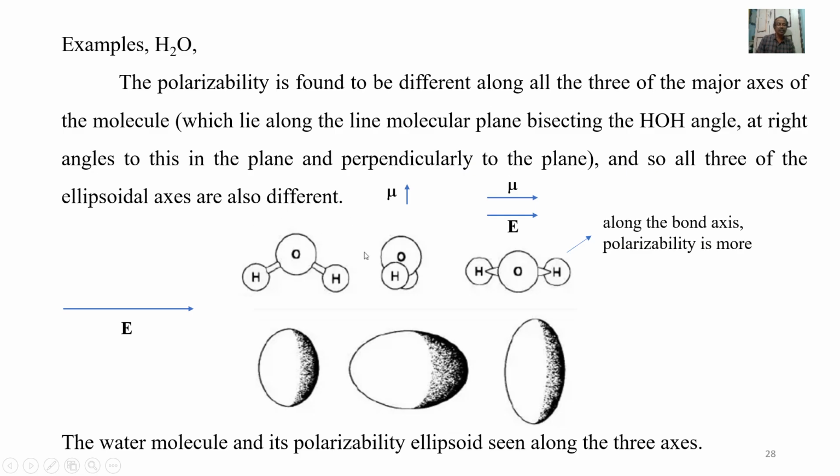The electric field is applied in this direction, and the dipole moment is here, in the perpendicular direction. Here the dipole moment is along the direction of electric field E, and this is elliptical. The polarizability ellipsoidal axes are shown here: the water molecule and its polarizability ellipsoid seen along the three axes.